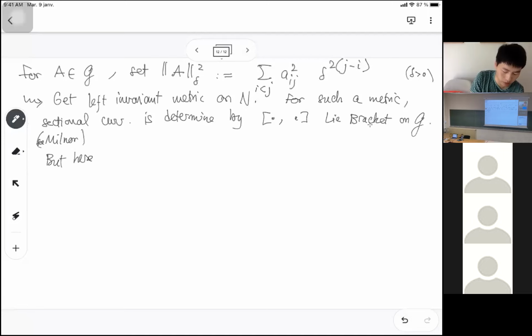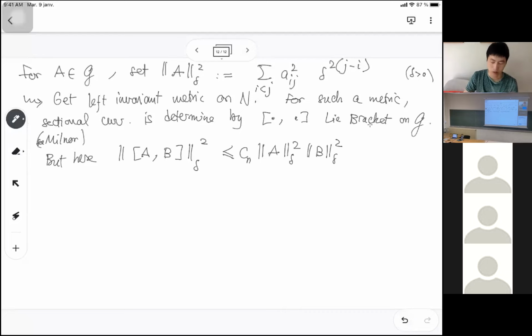If you look at the Lie bracket of two matrices A and B that are in the Lie algebra, in fact, it is upper bounded by a dimensional constant times the corresponding norms of A and B. All these norms depend on delta. Delta is right now fixed, but we're going to set delta to 0 later.